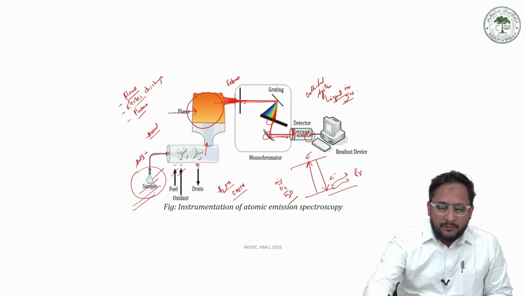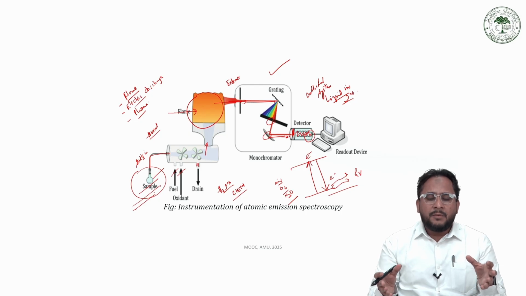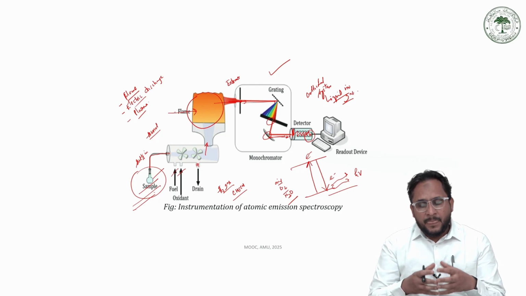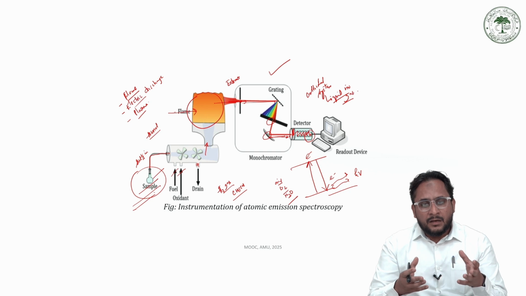So this is a flow sheet or a working diagram of an atomic emission spectroscopy, and in this way we can perform the analysis of elements of interest present in various matrices like water.